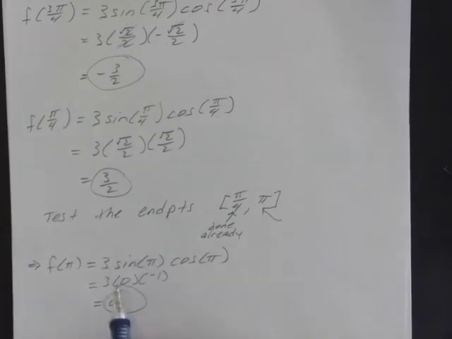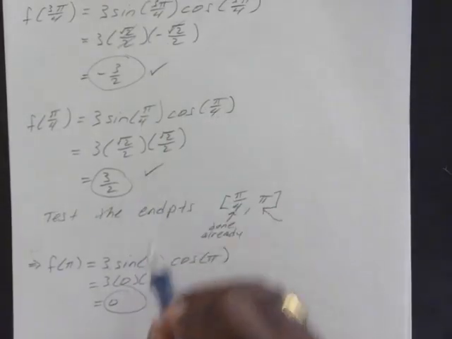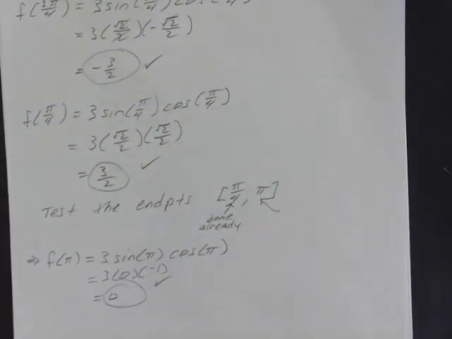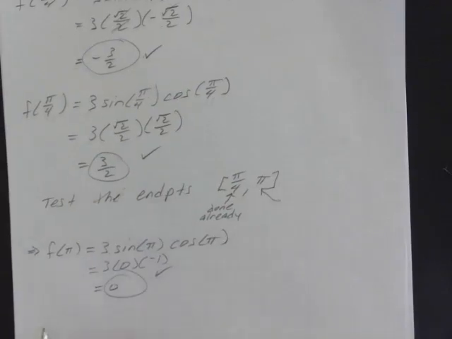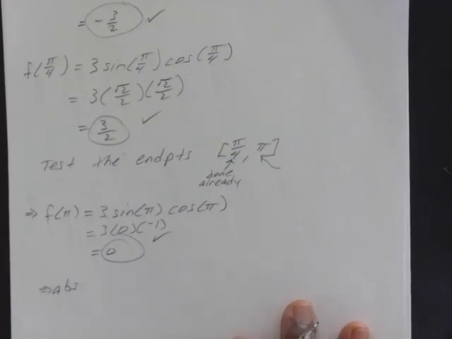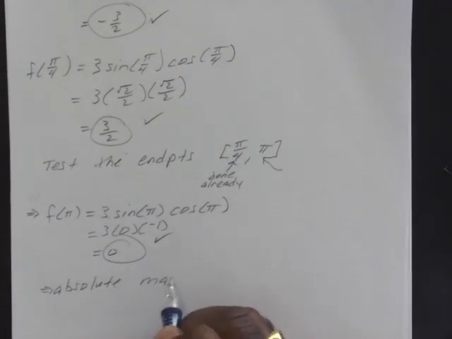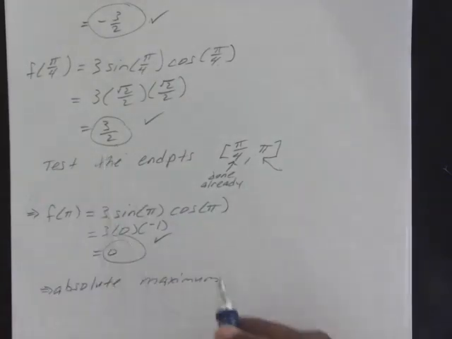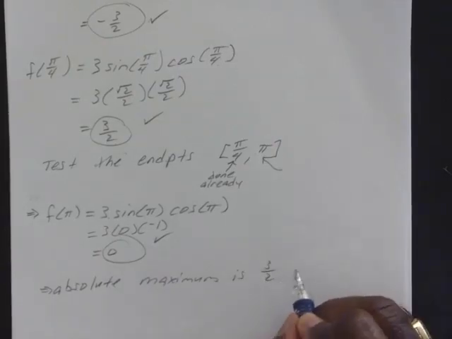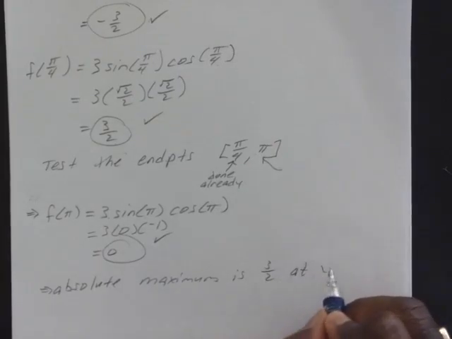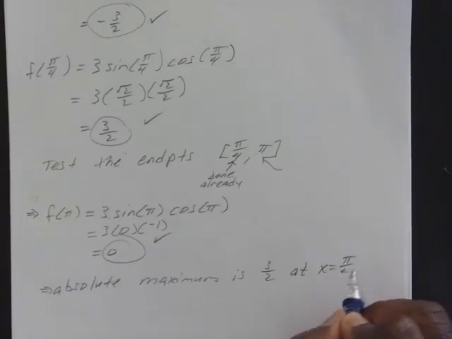Okay, so we can look at all of our values here. We know that at the critical points, our absolute maximum, bring that up a little bit, is 3 over 2. And that's at x is equal to pi over 4.